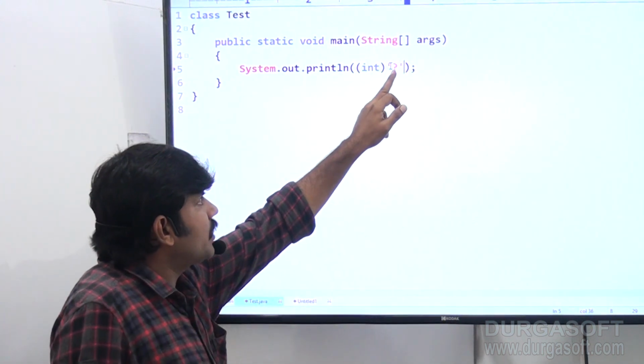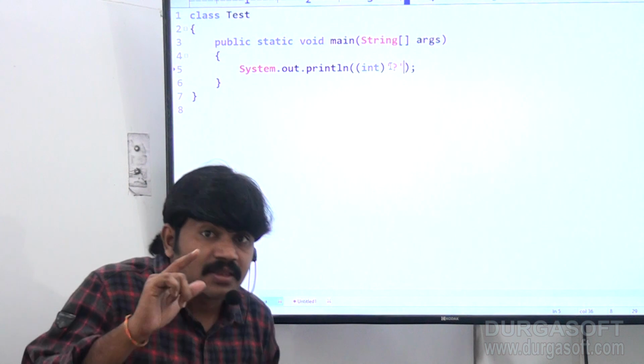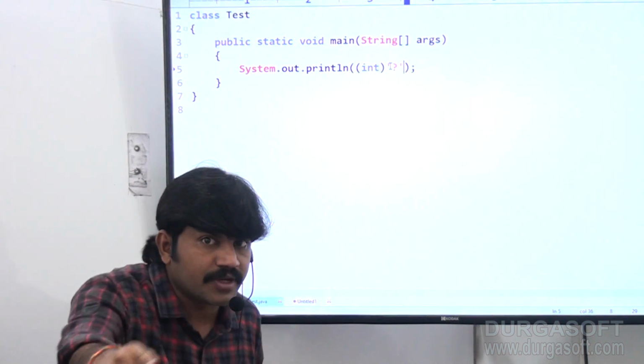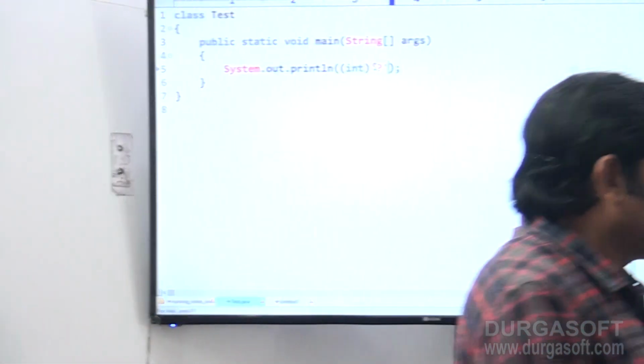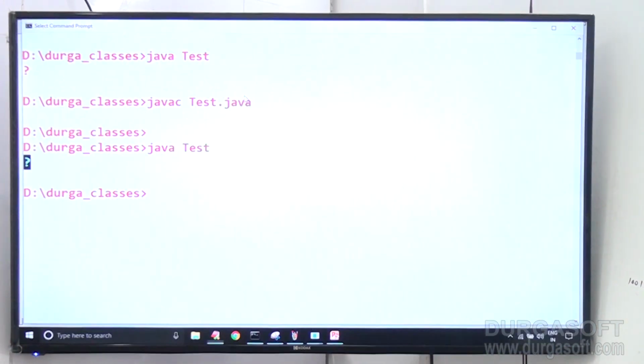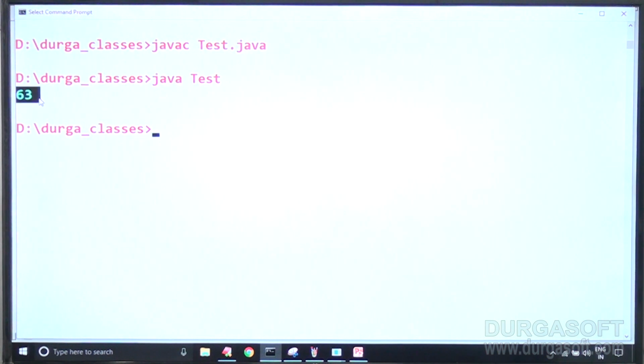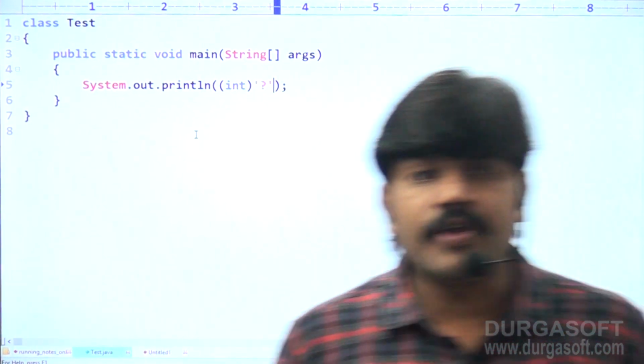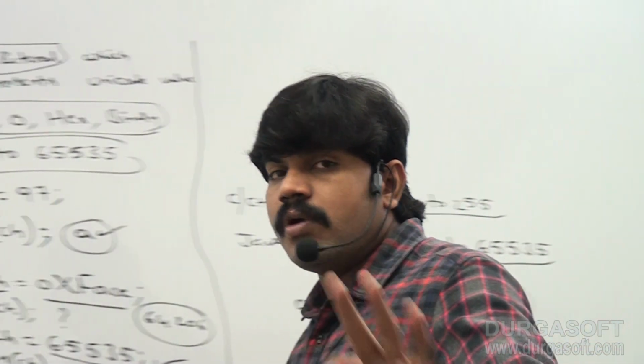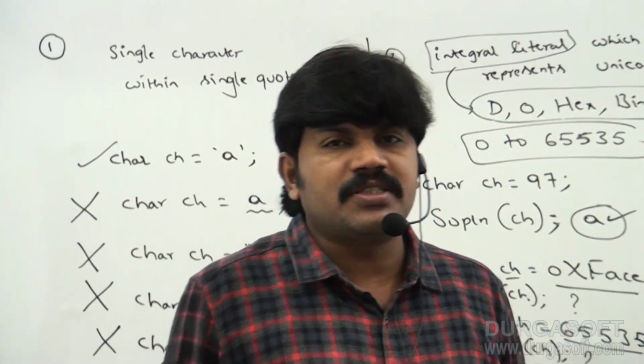Whenever we typecast a character to int type, we get the corresponding Unicode value. What is the Unicode value of this question mark symbol? Now observe that we are not getting any error. Yes, 63, that's all.